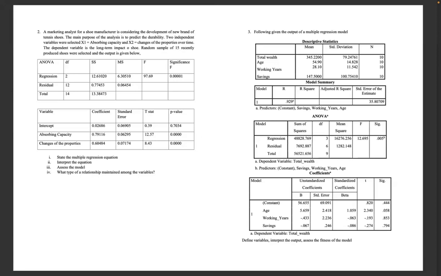So then that is there. And for part B, write down the multiple regression model for both outputs.